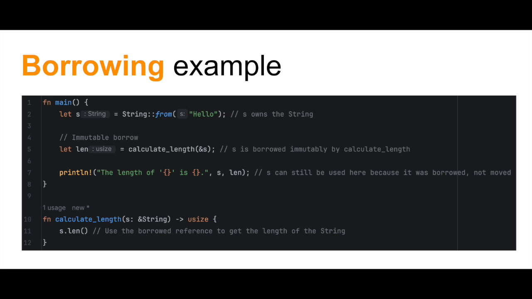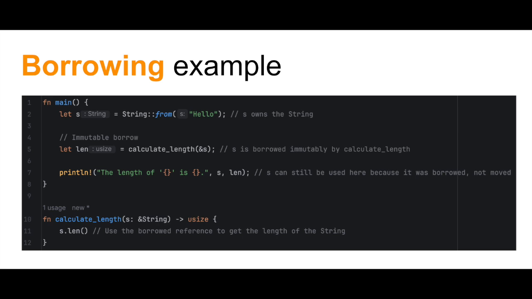If you don't use this ampersand, once you call calculate_length passing s to it, this method will be the new owner of s, and as we saw in the previous example, you couldn't use it any longer unless calculate_length finishes using it. The thing is, when you call a method and pass a variable to it, that method by default becomes the owner of that variable, right? If you don't want that to happen, then you use borrowing.